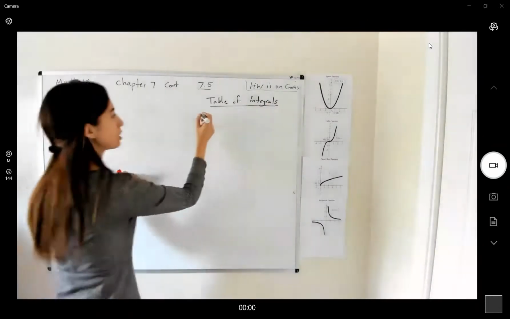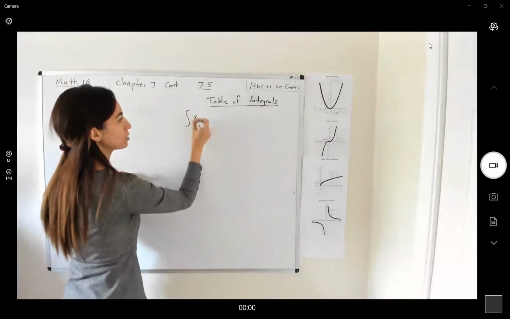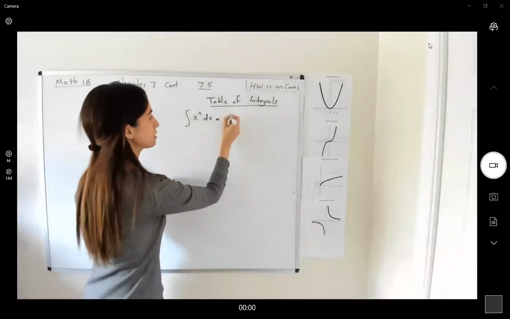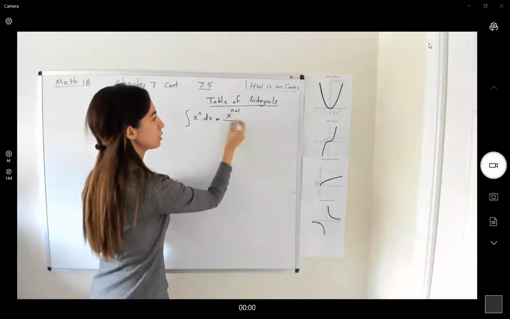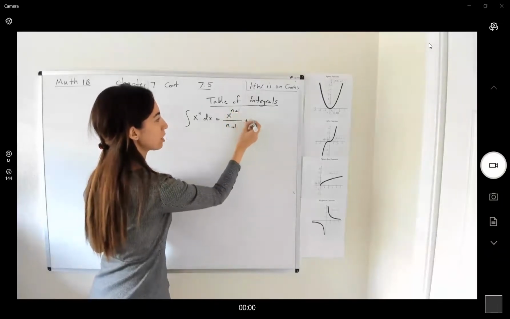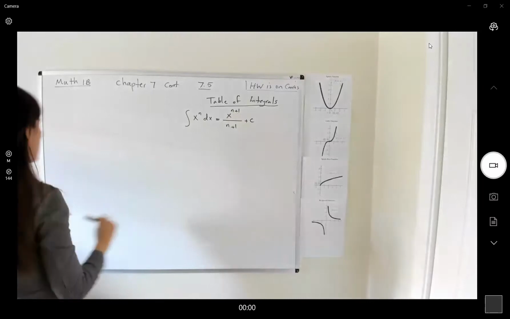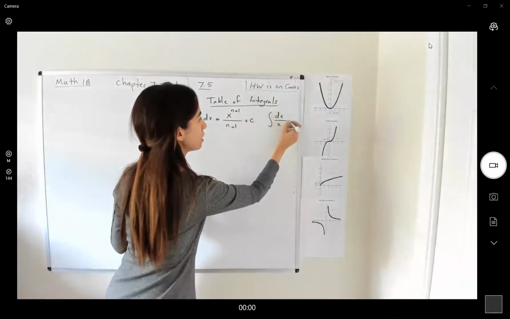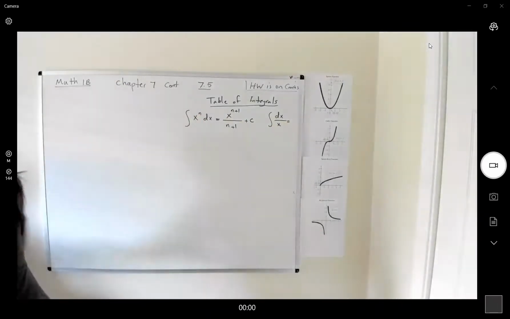The first one that we learned was the integral of x to the n dx. If you have a power function, then the integral is x to the n plus 1 over n plus 1 plus constant of integration.